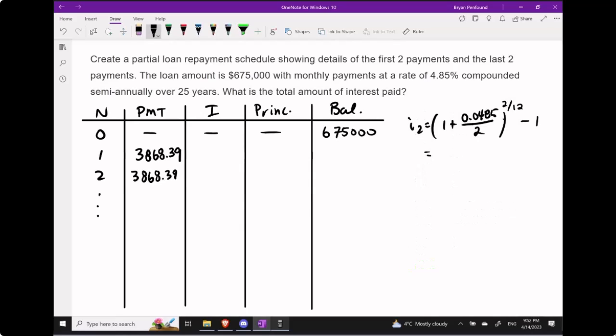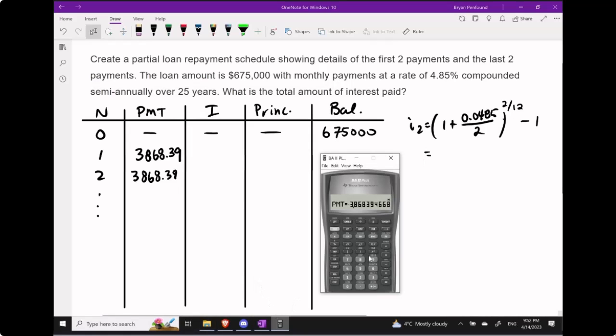To move forward with our repayment schedule, though, we are going to need to calculate I2. So let's take our current rate of 4.85%, compounded semi-annually. We're going to add 1 to that and then raise that to the power of 2 over 12.